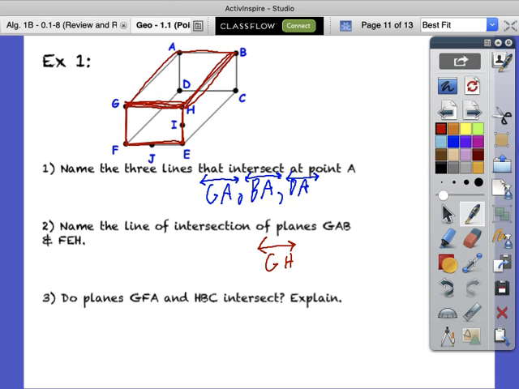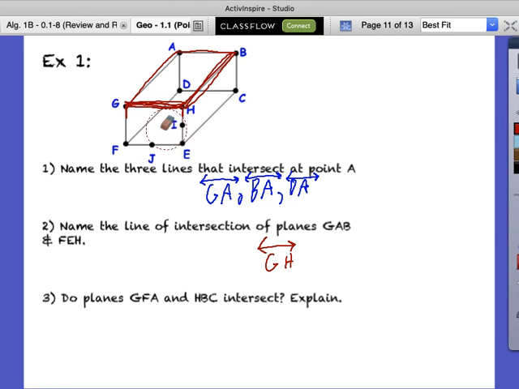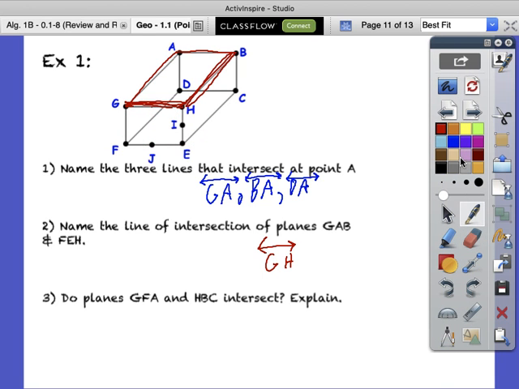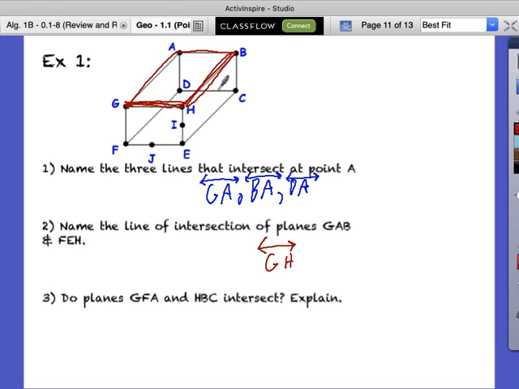So once again, something I like to do as I go through this is to say, okay, as I go on my first line, plane GAB, oh, we're talking about the top, let me complete the plane.